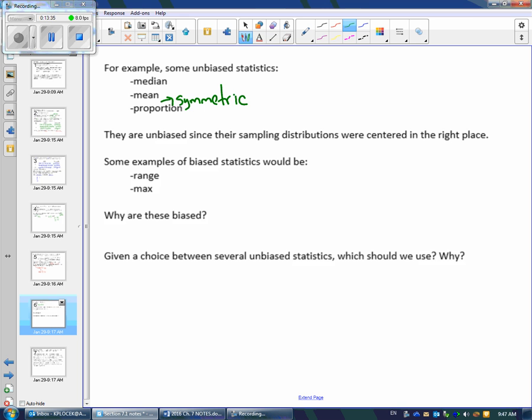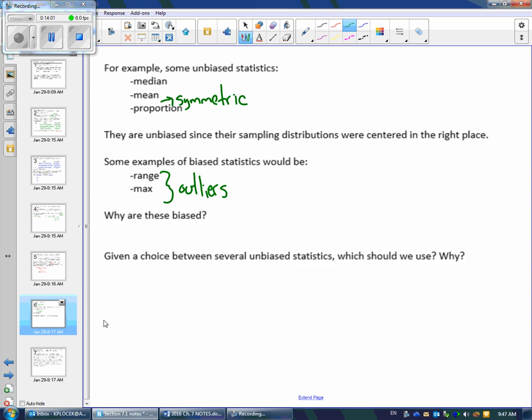Some examples of biased statistics would be range and max. Why would these be biased? Well, what's the range getting? The maximum values, possibly going to involve the minimum. They could involve possible outliers. And they're only talking about one end of the curve if you're considering your max.